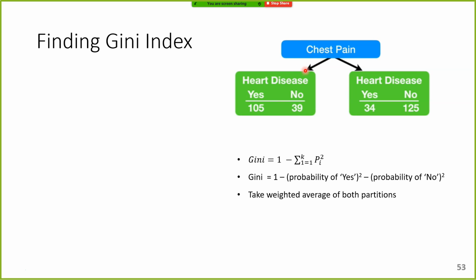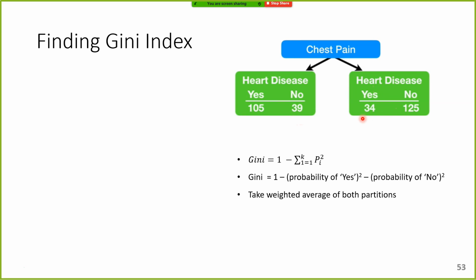Out of all those patients who have chest pain, 105 are found to have heart disease, and 39 were found to not have any heart disease, and the same goes here.